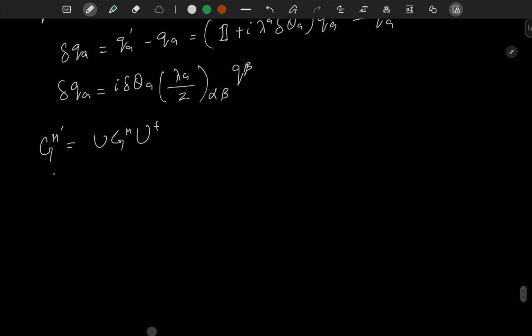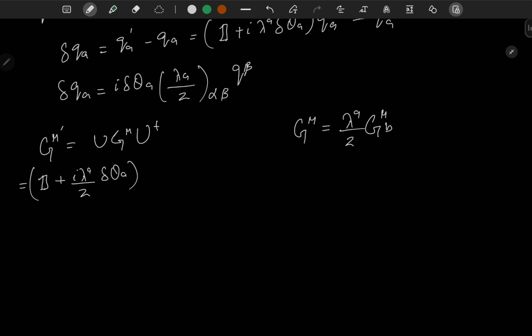For this we can write 1 plus iota lambda A by 2 delta theta A, and g mu can be written like this in components form: lambda A divided by 2 g mu of p into u dagger, which is 1 minus iota lambda A divided by 2 delta theta A.